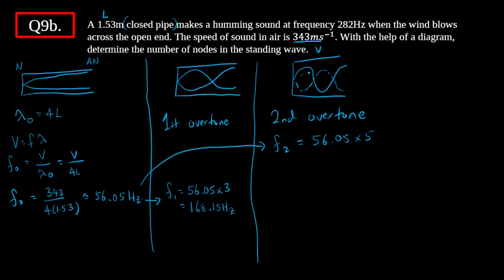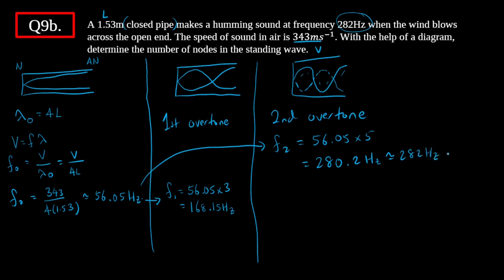So 56.05 times 5 is approximately 280.2 hertz. Because the sound frequency that we heard when the wind blows is 282, we can say that what we're hearing is actually the second overtone, approximately 282 hertz.